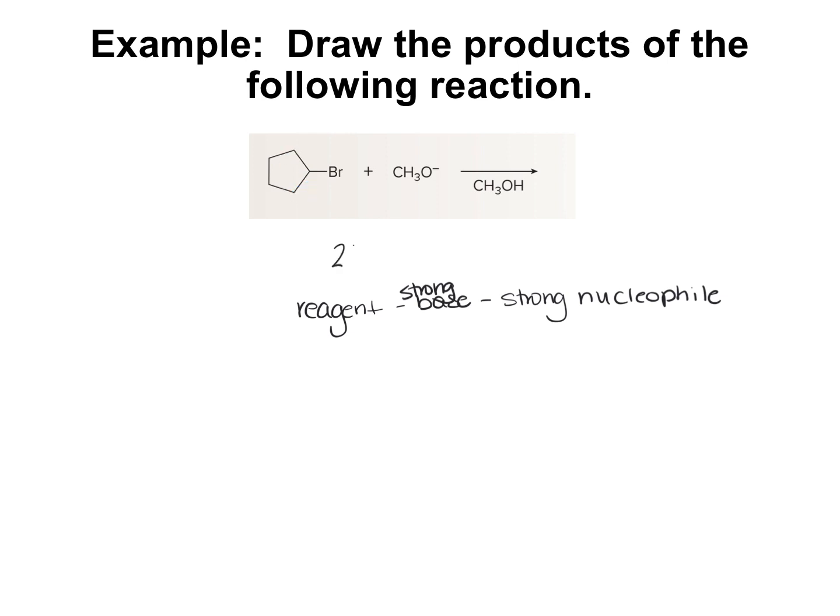That means this is a secondary alkyl halide. When we think about what a secondary alkyl halide can do, if it's a strong base or strong nucleophile, and it's secondary, that's going to point us into SN2 and E2 as the 2 mechanisms that can occur.